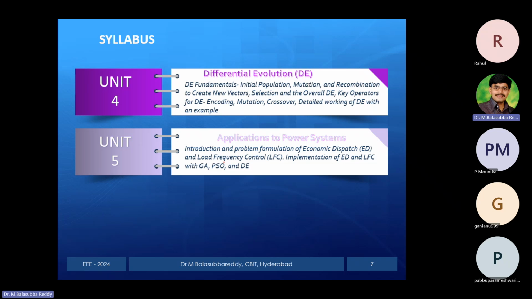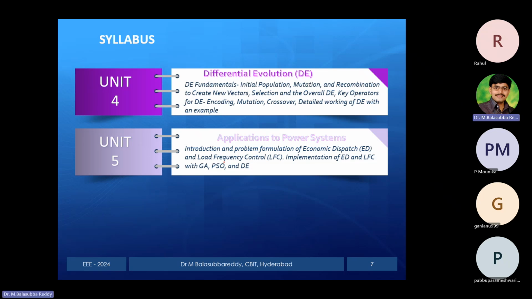Another question: the other one you can see is load frequency control, LFC control, using genetic algorithm, or LFC control using PSO, or LFC control using DE, like that. So implementation of economic load dispatch, and these are the topics.